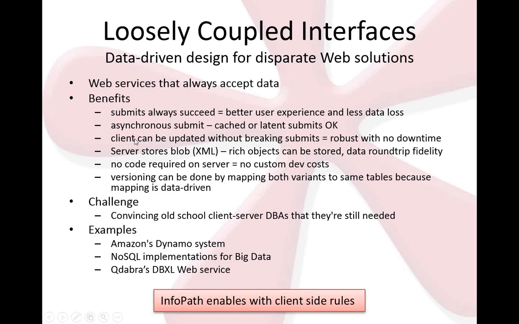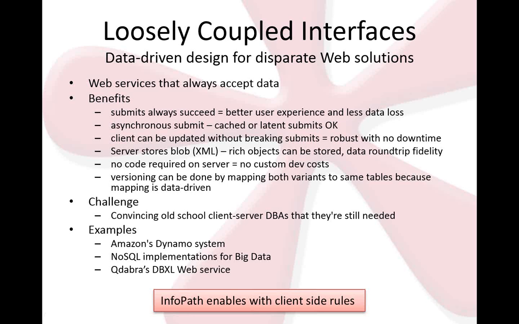In addition, when you update the client, you don't want to have to bring the system down. So a lot of times the typical traditional model, okay, it's Friday afternoon, we better have a system downtime so we can update our solution. But because this solution is loosely coupled, we can change the client, the InfoPath form, and republish it, and we don't have to bring the system down at all, right?